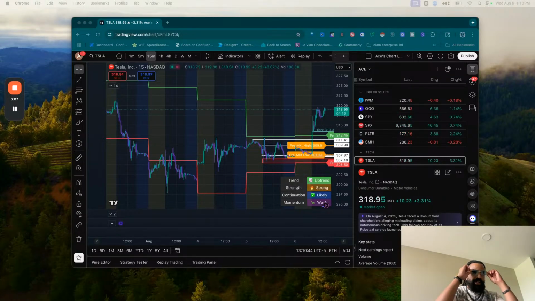Since this is a live mock trade, I want to make sure that everyone who wants to follow along has their TradingView open and that they're in their respective brokerages. I'm in Thinkorswim. Let me know before I get started if anyone needs any assistance navigating to the right place in TradingView. Let me pull up Thinkorswim really quick.